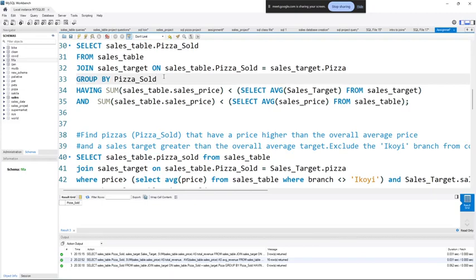What are those conditions? The first condition is that the revenue you generated, that is the total revenue, must be less than the average sales target. Then how do we get our average sales target? We say select average of the sales target from sales target table.